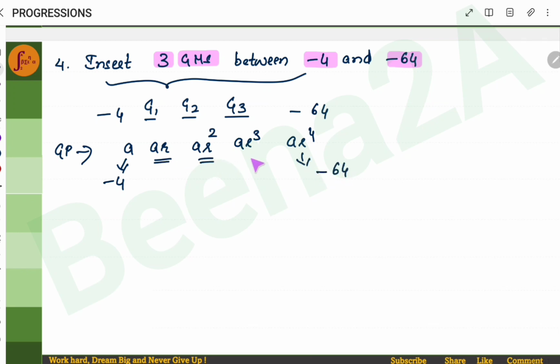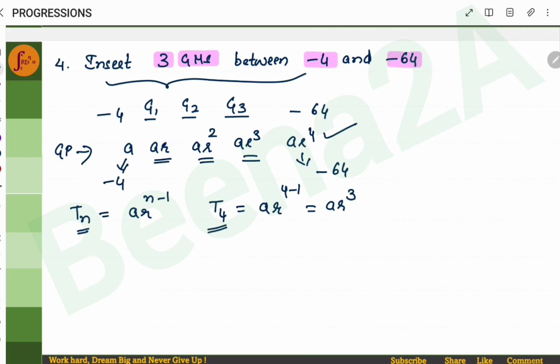We know how we got this series, by using the term formula, which is A into R to the power n minus 1. So whatever term we are finding, the power of R would be 1 less than the term. So if I'm finding T4, then it would be AR to the power 4 minus 1, which is AR cube. This is the fourth term.